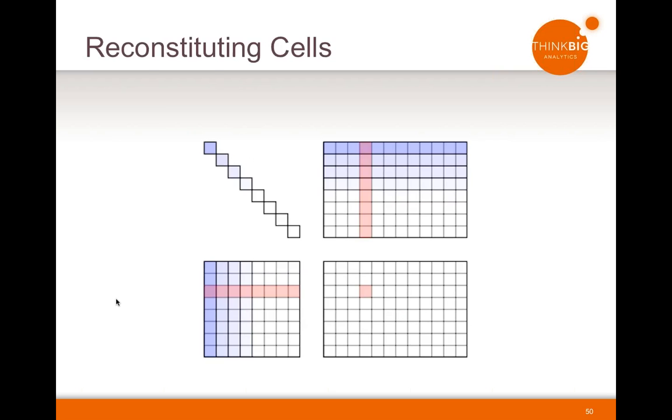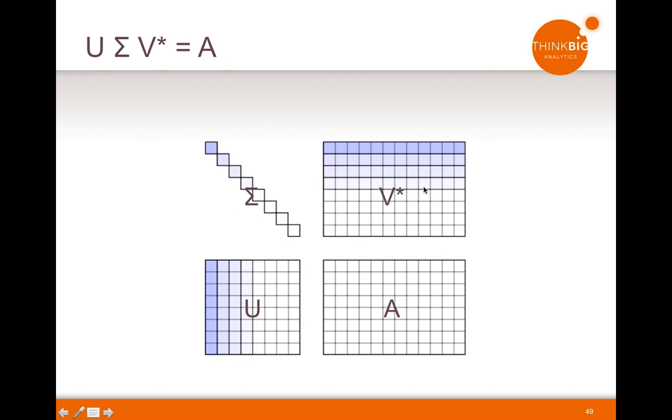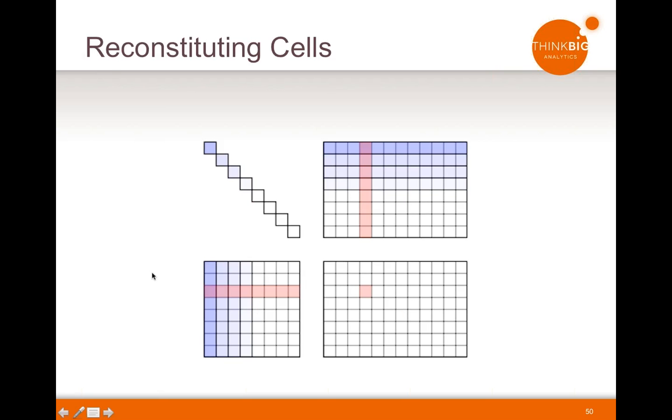So in this case, we have U times sigma times V star equals A. And if we ever want to reconstitute a cell of A, we just say that it's going to be this row vector times this vector times this vector.